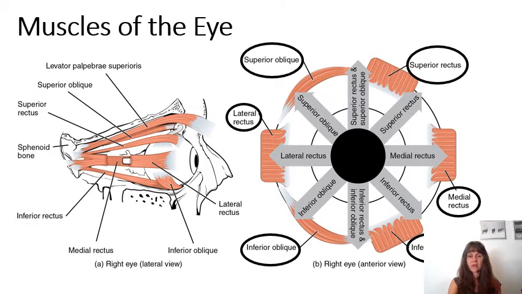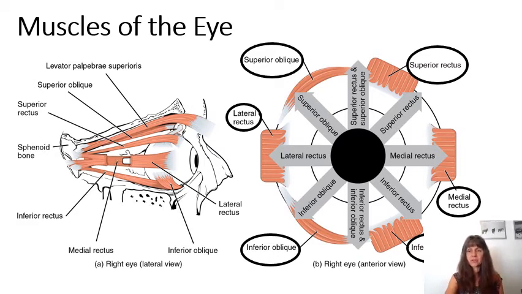We have one that is straight on the top of the eyeball, and that is the superior rectus muscle. We have one that is at the bottom of the eyeball, and that is inferior rectus. We have 2 that are at an angle, superior oblique and inferior oblique, and 2 that are on the sides. We have a medial rectus muscle and a lateral rectus muscle.